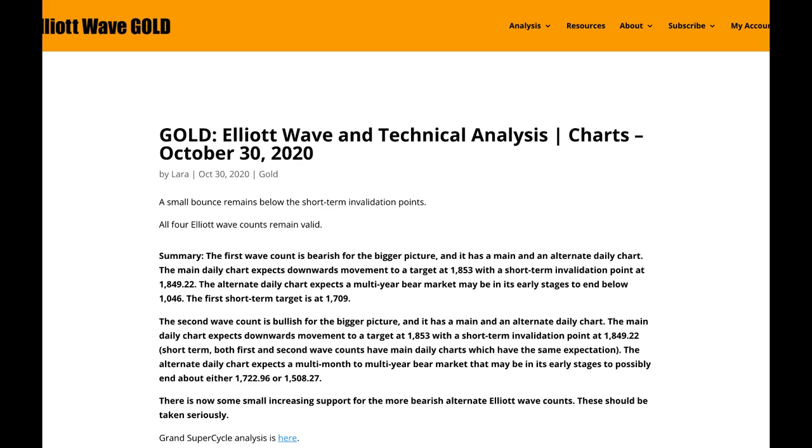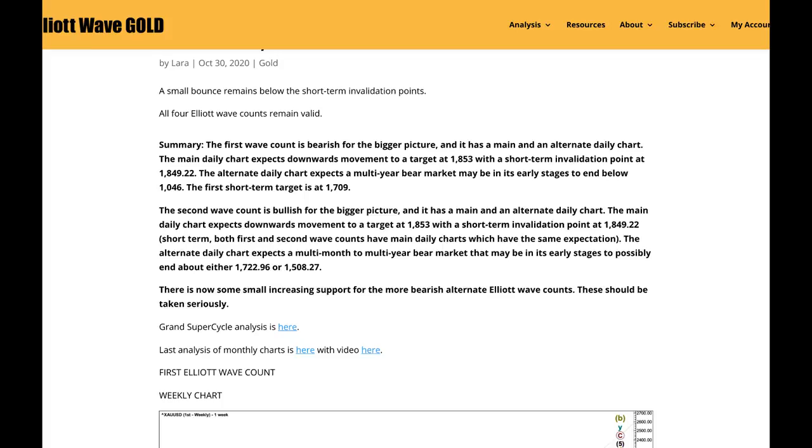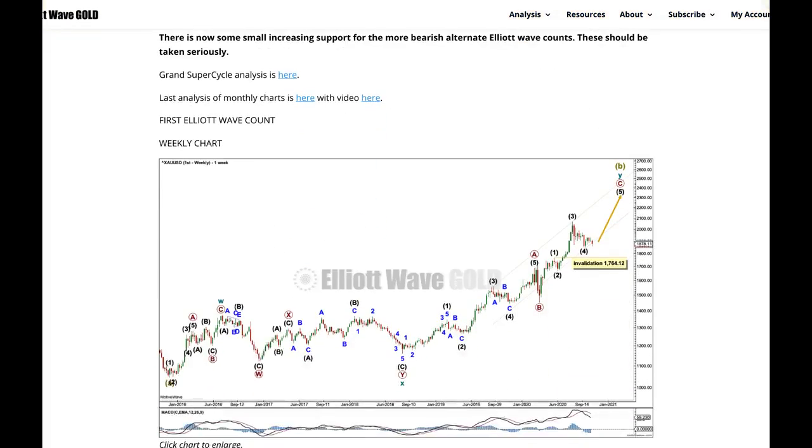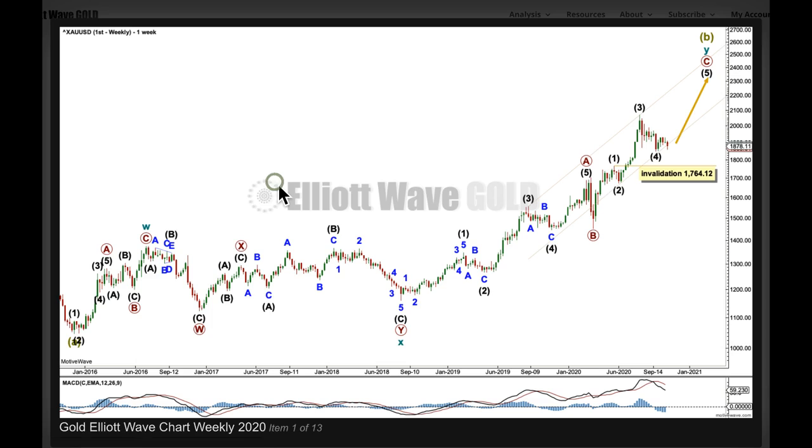It expects a multi-month to multi-year bear market or huge big correction within an ongoing bull market that may be in its early stages, to possibly end around 1722 or 1508. Those are Fibonacci ratios. There is now increasing, although small, support for those bearish alternates, so please do take those seriously. They could be correct.